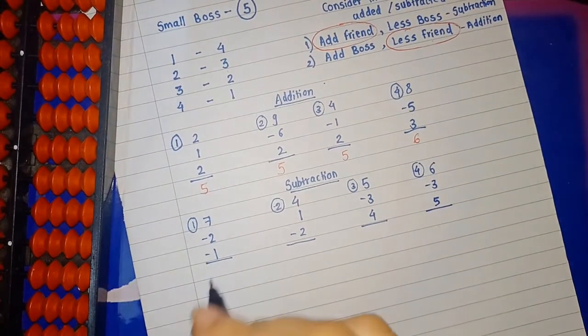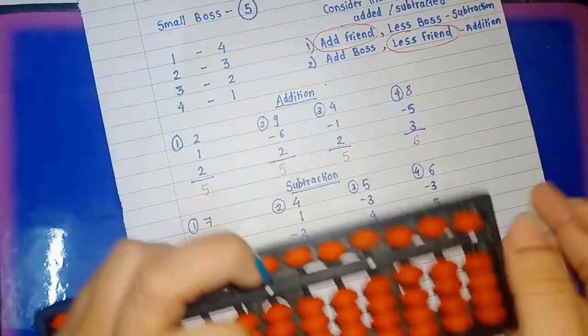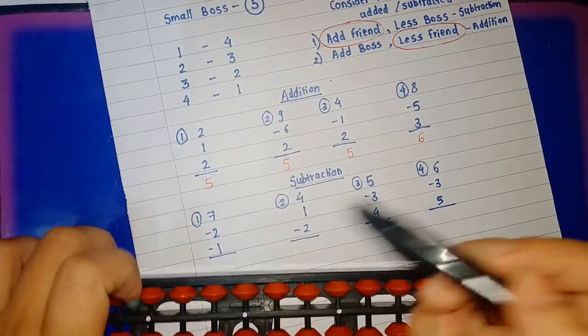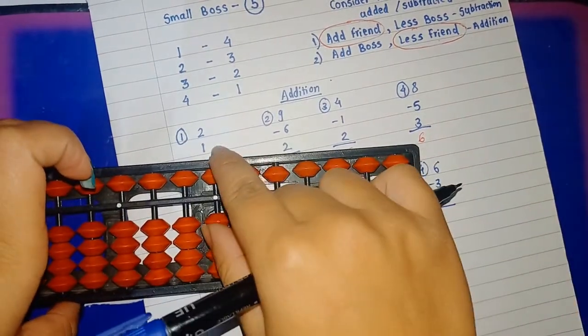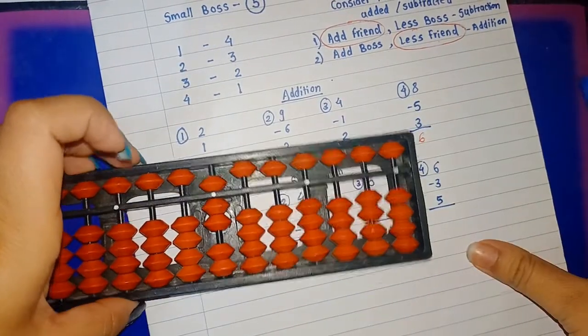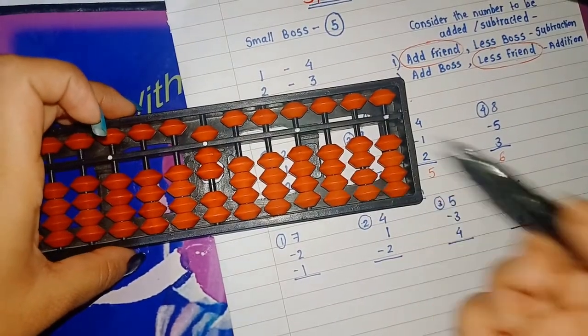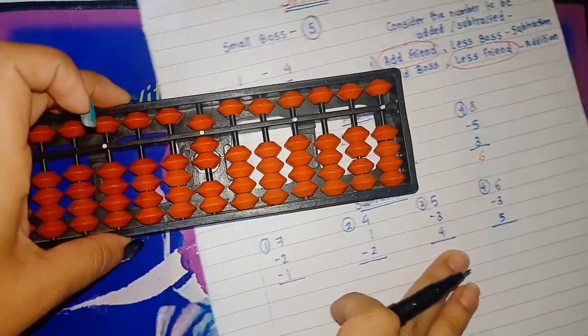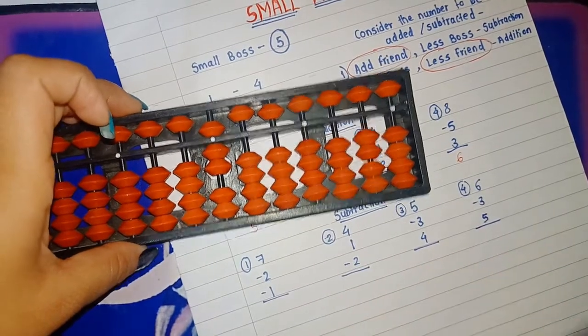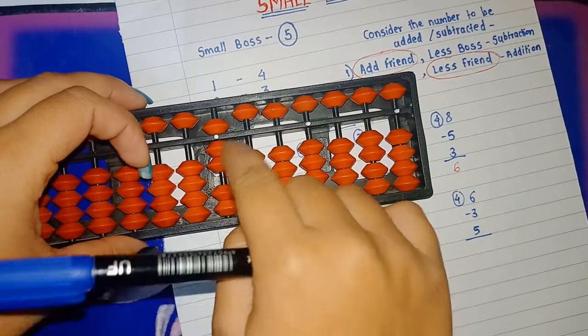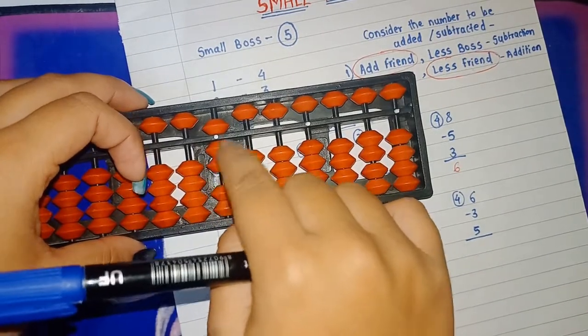So how can we do these sums? Let's take our abacus. 7, adding 7. So here we go. 7 has been added. Then minus 2. Minus 2. We can do that directly. We have already 2 beads down, right?